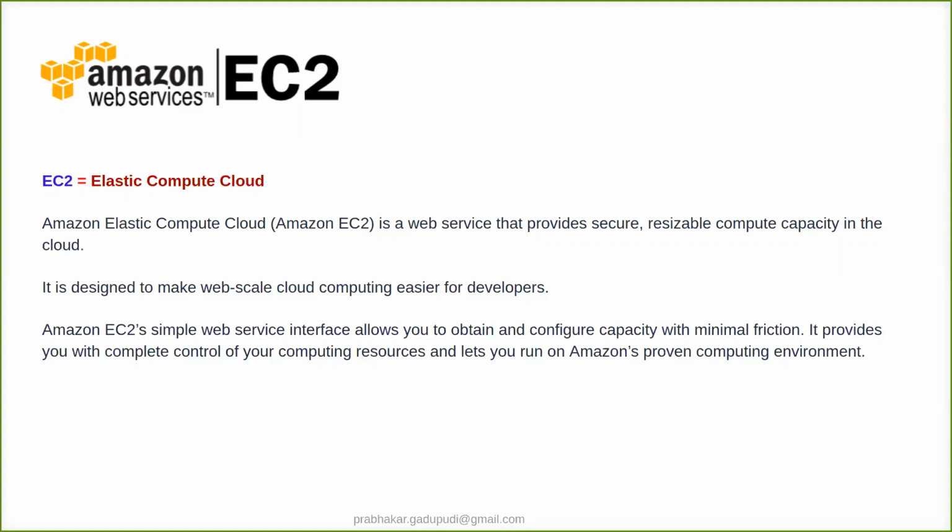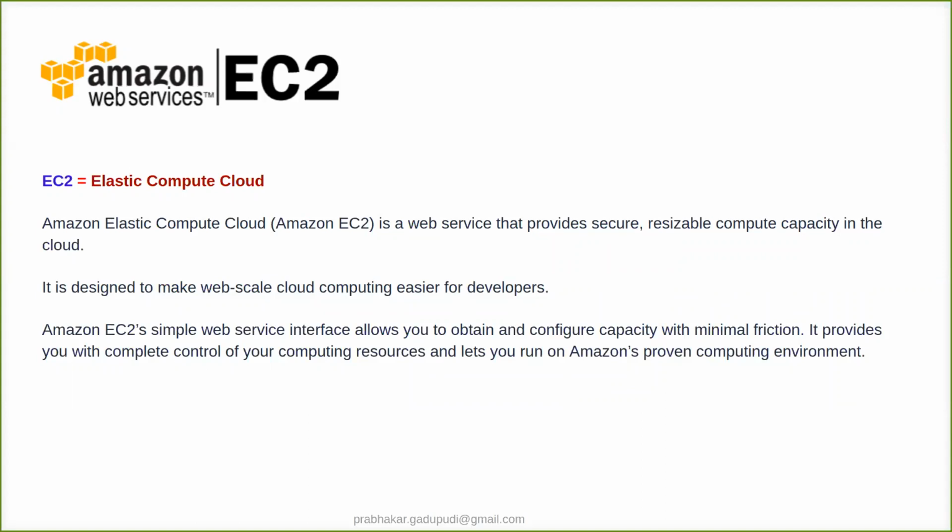Amazon Elastic Compute Cloud provides scalable computing capacity, and that eliminates the need to invest in hardware upfront, so that you can develop and deploy applications faster. You can use Amazon EC2 to launch as many or as few servers as you need, and these servers can scale up and scale down based on your requirement and peak usage.